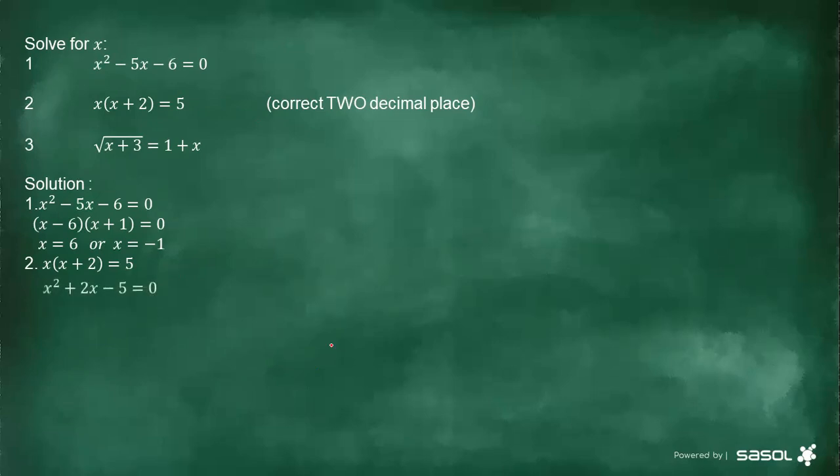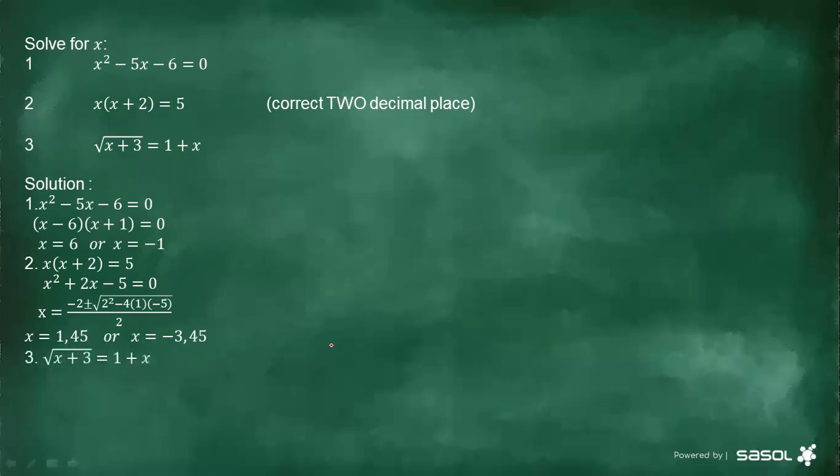Let's open it. This is what it is now in the standard form. We can see what the values of a, b, and c are. From there you substitute your values. Then from there you separate them. Remember, we have plus or minus. The positive one gives us 1.45, and the negative one gives us −3.45, right?